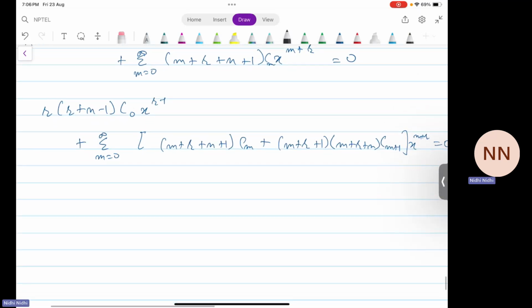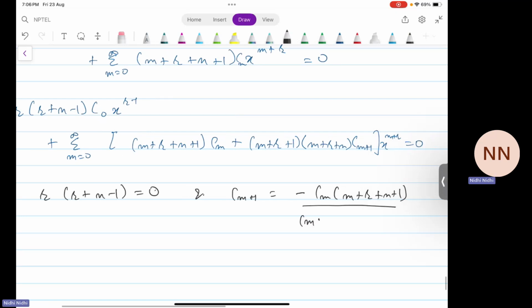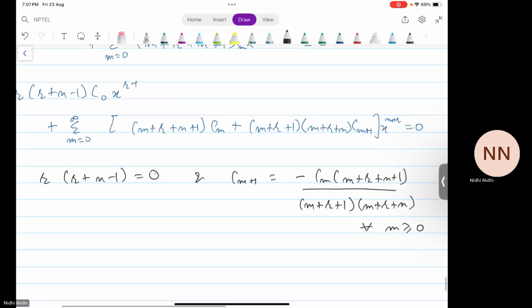So from here we get r plus n minus 1 is equal to 0 and Cm plus 1 is equal to minus Cm times m plus r plus n plus 1 by m plus r plus 1 m plus r plus n for every m greater than or equal to 0.